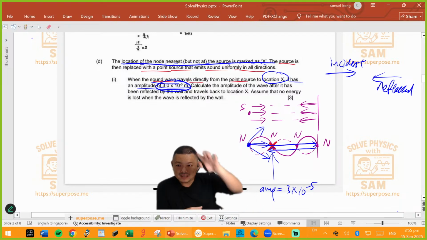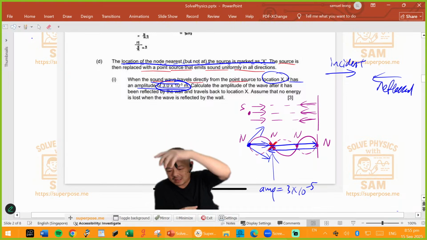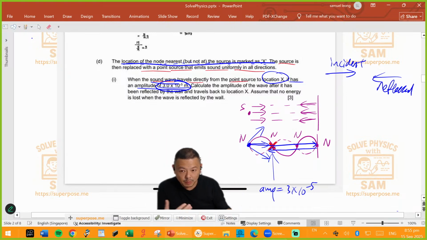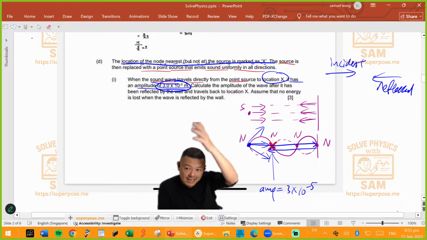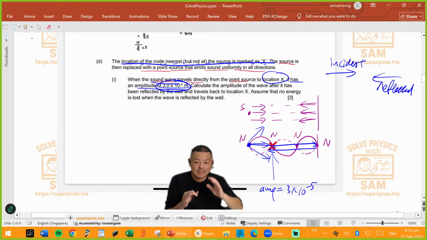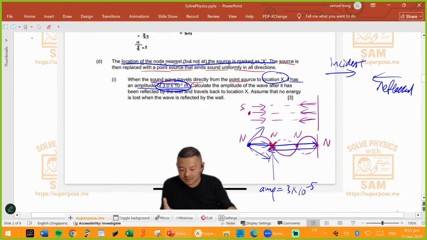I'm guessing what's happening here, D part one, and then maybe later on D part two, they will probably ask you something along the lines of why is the node not completely zero displacement? And I think it has something to do with this. So they're trying to lead you on to that point whereby you see the sound wave goes here first. I mean, why do nodes have no displacement in the first place?